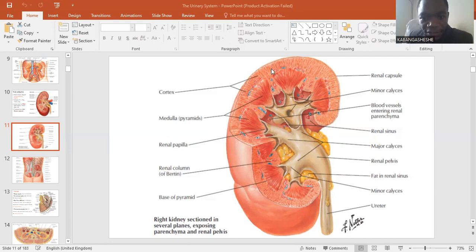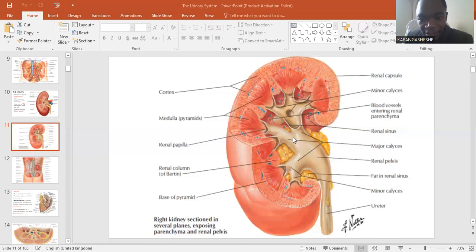We'll see the cortex with its columns. Then we see the medulla, which are pyramidal shaped. So these are inverted pyramids where the apex is facing at the bottom and the base facing superiorly. Then the terminal part of the renal medulla is known as the renal papilla, and each renal papilla is connected to a minor calyx.